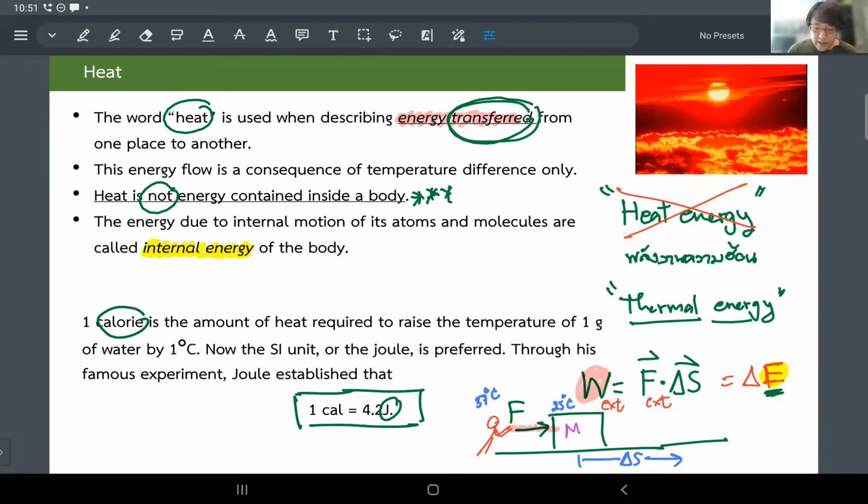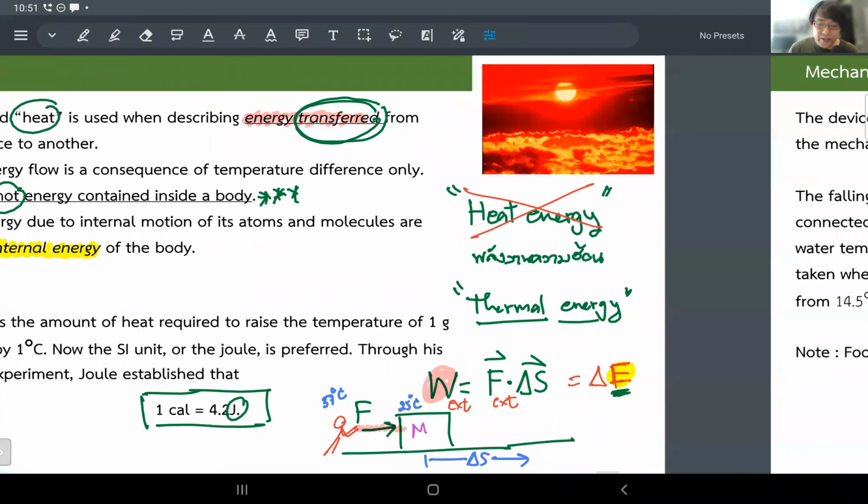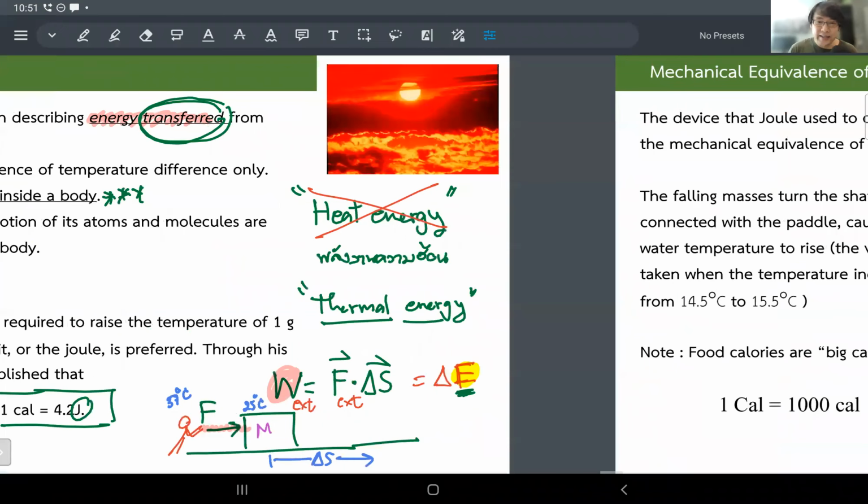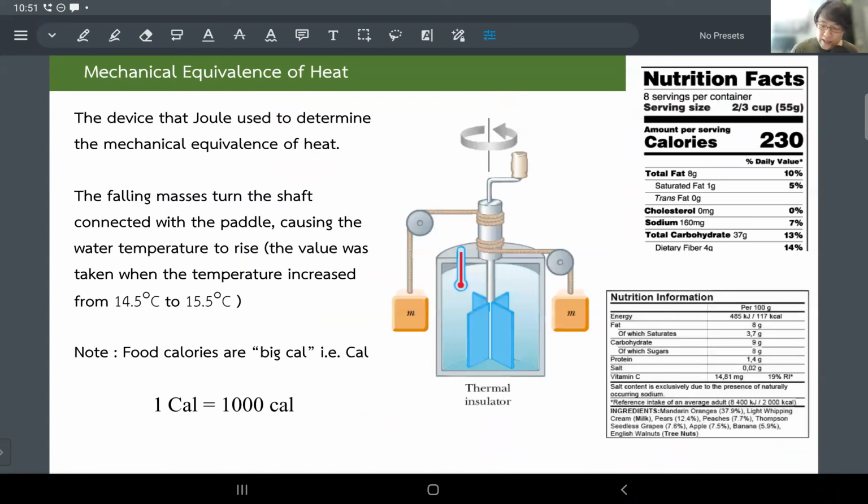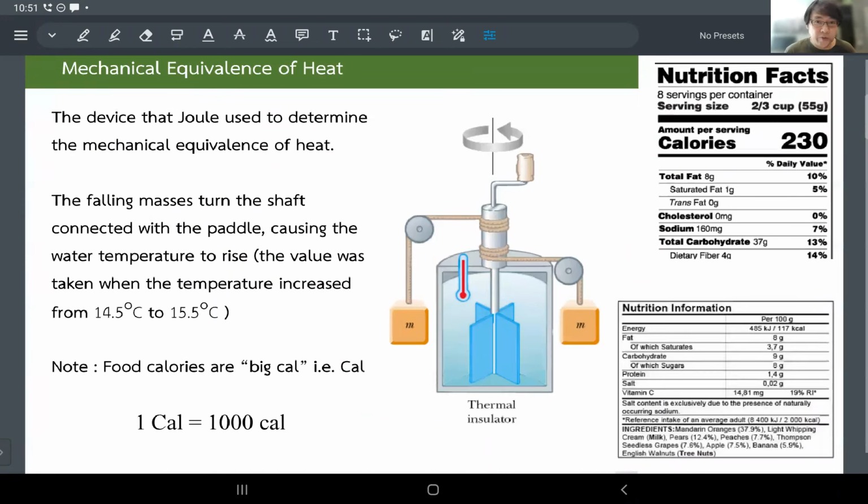Because we talk about the calorie, we're going to close the first half of the lecture with the nutrition facts label stuck on food packaging. If you eat this stuff, it will provide you with 230 calories. This one is different.